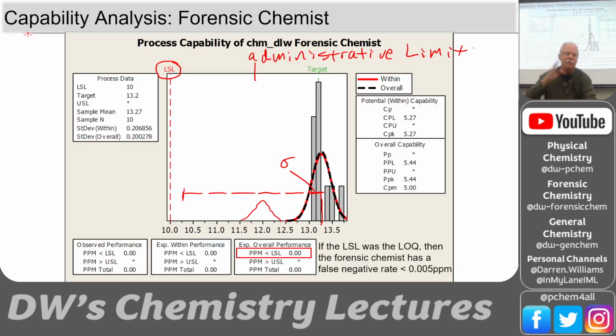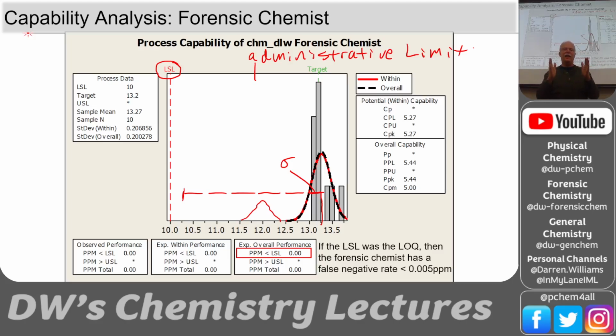If it's above your administrative limit, you're good. All right, definitely cocaine, charge this, write it up. But if it's between your administrative limit and your lower specification limit, reanalyze. So that you're wasting money, you're wasting time, but you're being more sure, okay? You're not reanalyzing every one, but you set an administrative limit, and then you reanalyze.